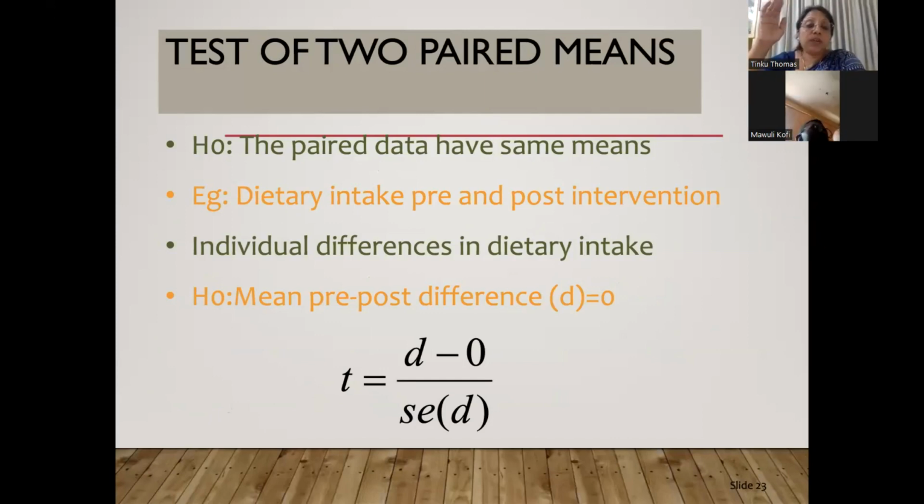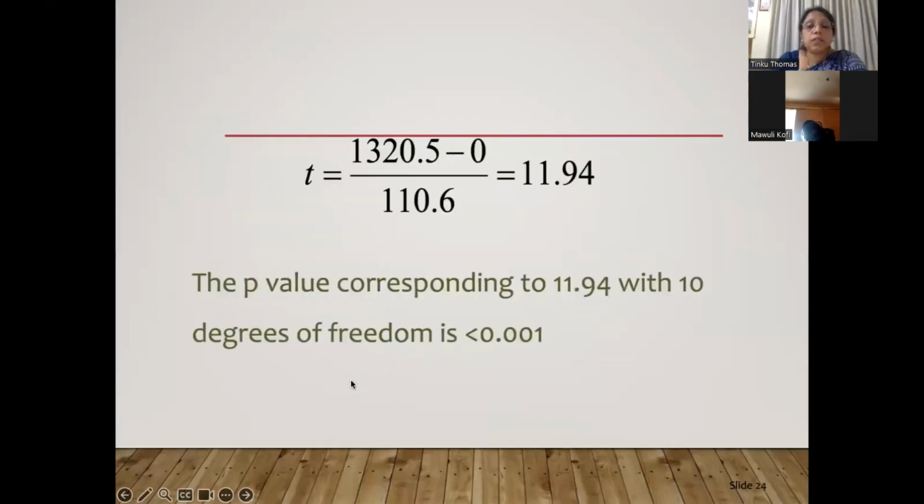So if we are looking at weight before and after a dietary intervention, then we are talking about paired sample t-tests. So you see this t value is computed in a slightly different way. This is a paired sample t-test. And here we see that the paired sample t-test value is 11.94 and the corresponding p-value is less than 0.001.